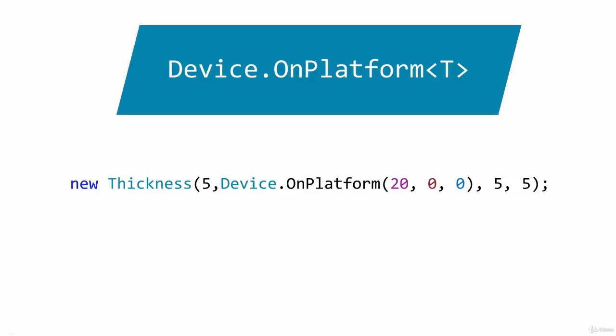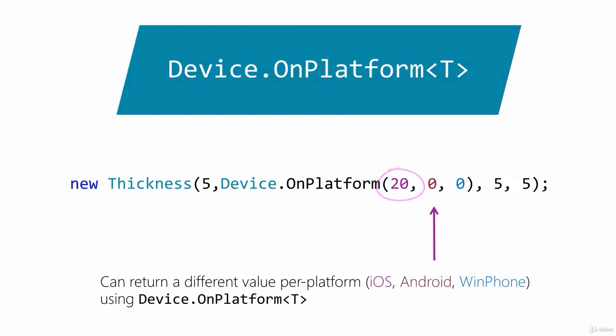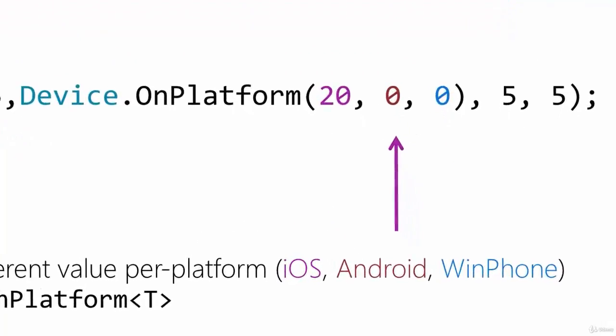For example, we are adjusting the top of the Thickness class based on the iOS platform, returning only 20 for that case. Again, the important thing here is we are putting this into our shared code, but making it execute a specific branch or return a specific value based on the platform we are executing on at runtime.